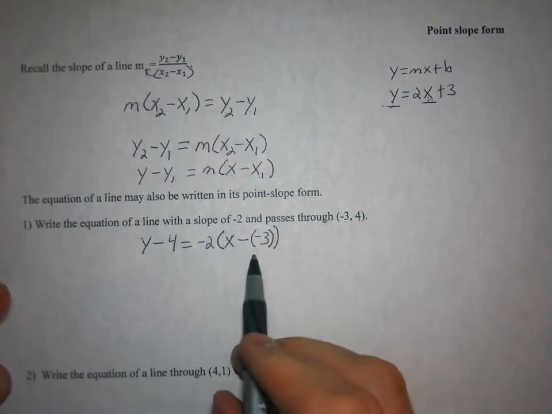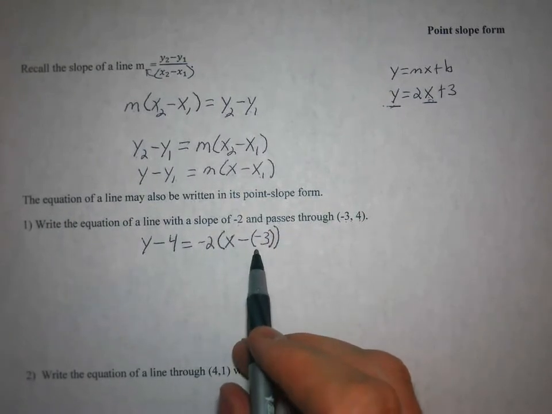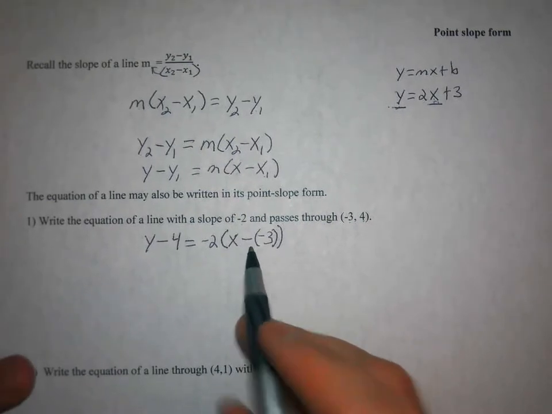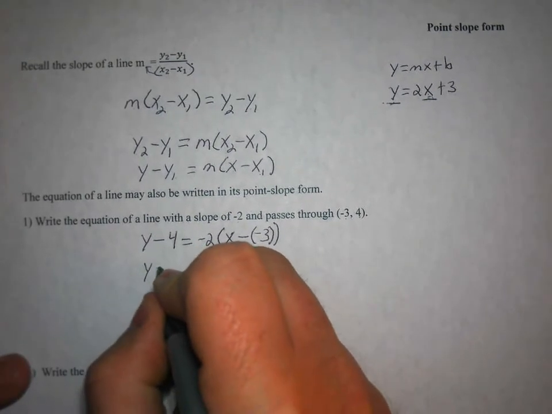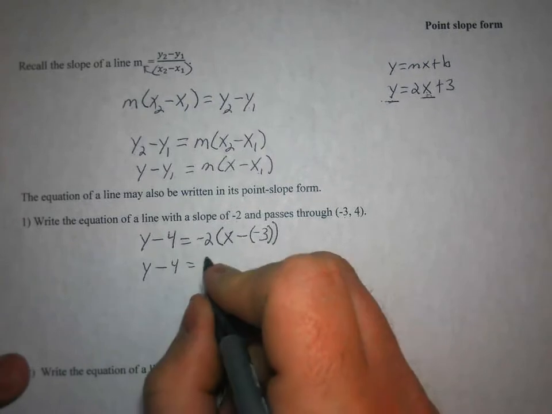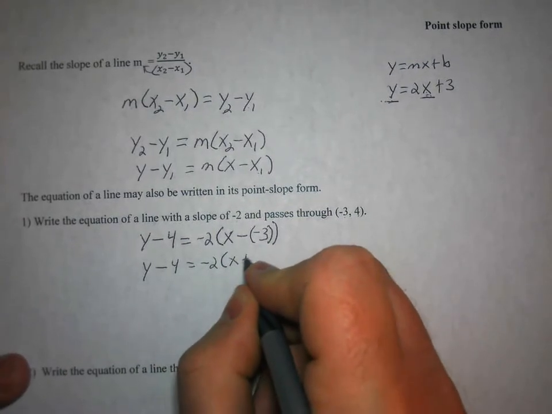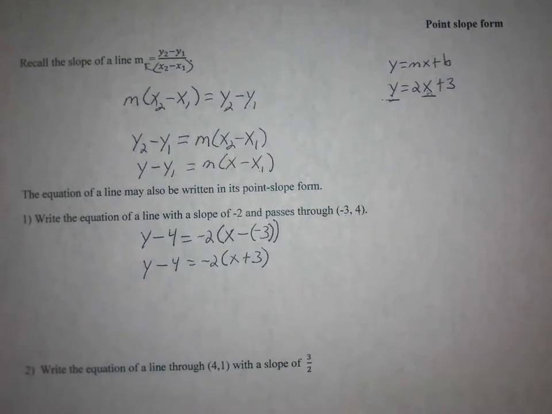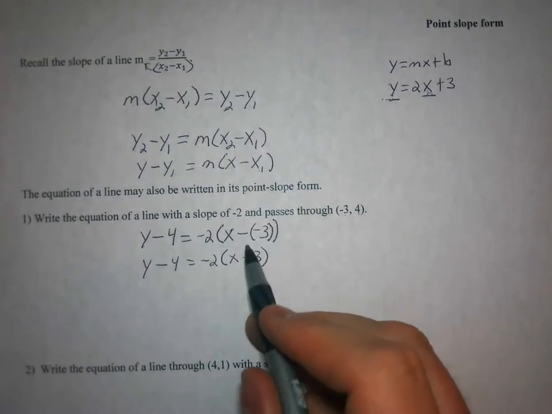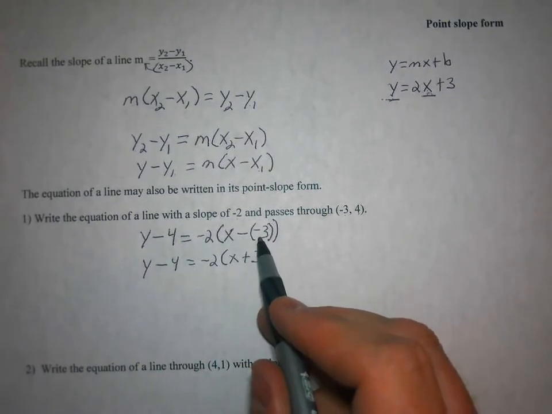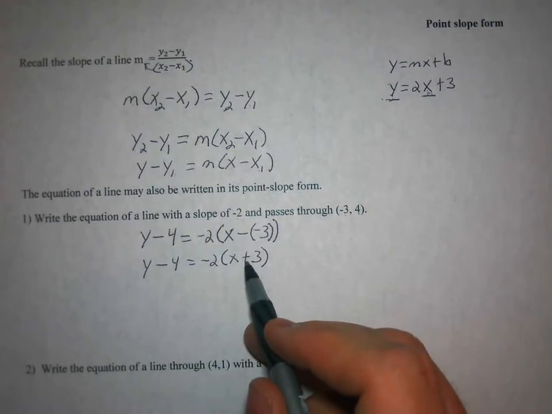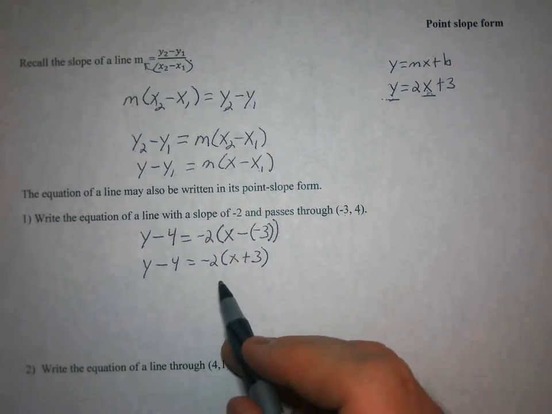So that's going to be x minus negative 3. So we can clean that up just a little bit and say y minus 4 equals negative 2 times the quantity x plus 3. So what happens there, because that was a negative 3, you're subtracting that negative 3, turns into positive 3. So there is your point-slope form.